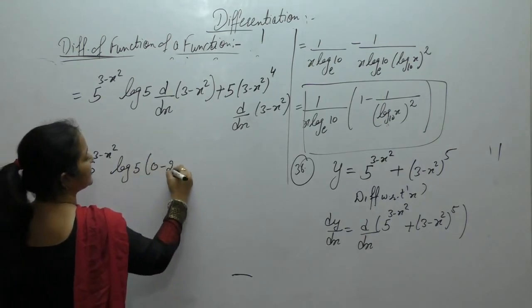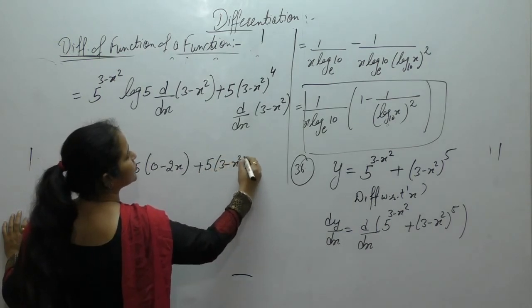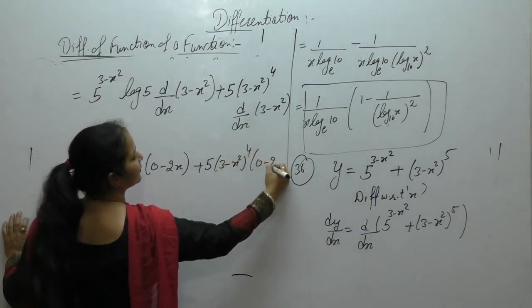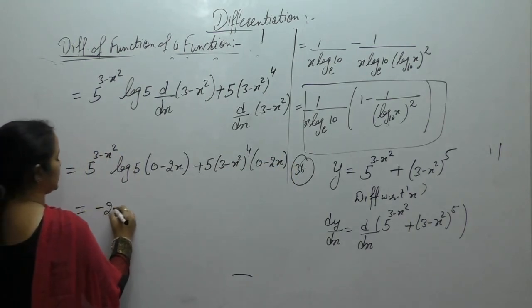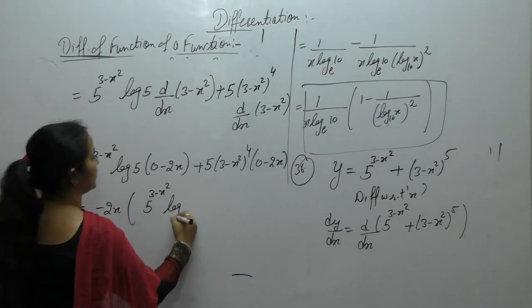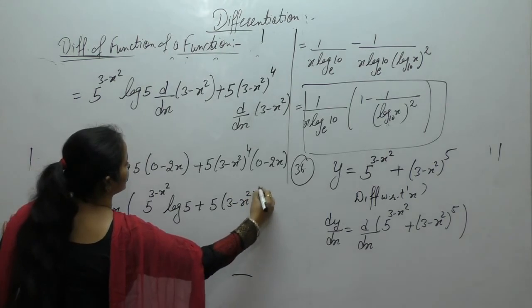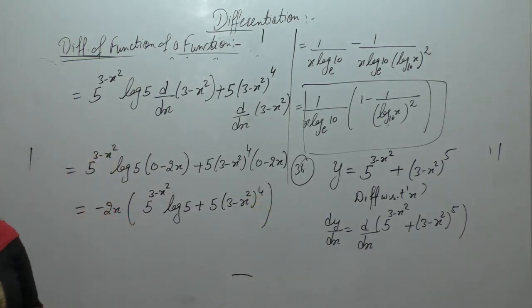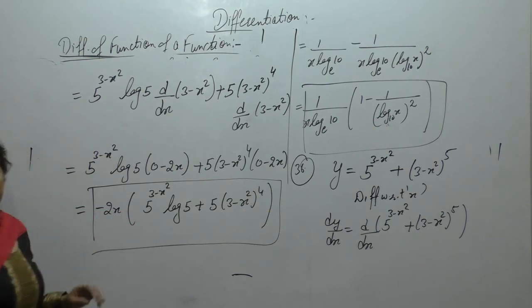The derivative of 3 is 0, of x square is 2x. 5 into 3 minus x square power 4. The derivative of 3 is 0, of x square is 2x. Minus 2x is common. 5 power 3 minus x square log of 5 plus 5 into 3 minus x square power 4. Note it down.